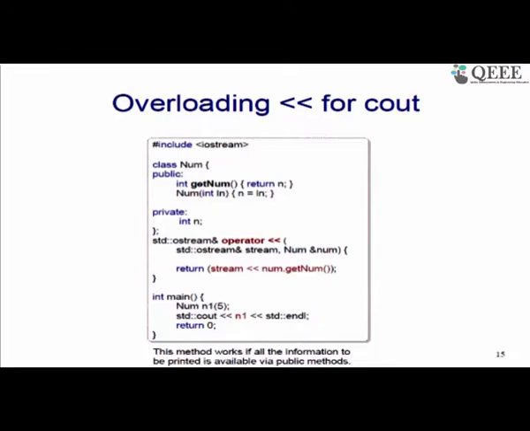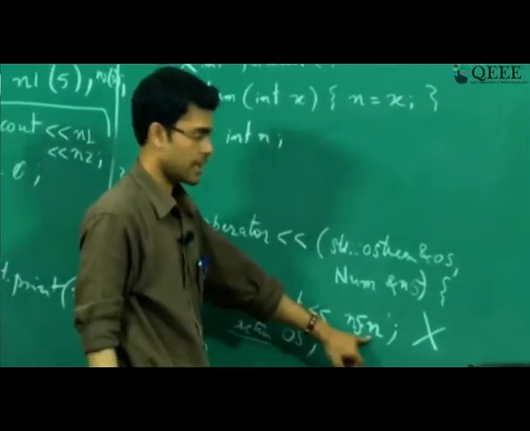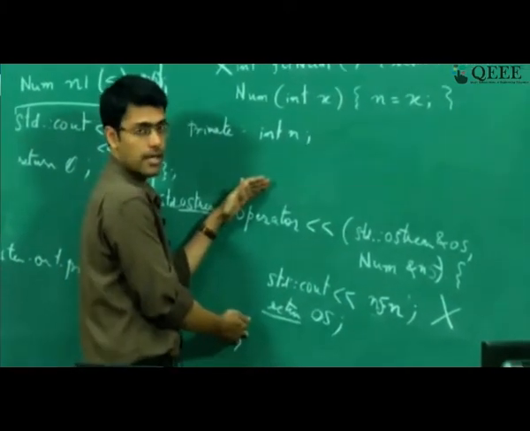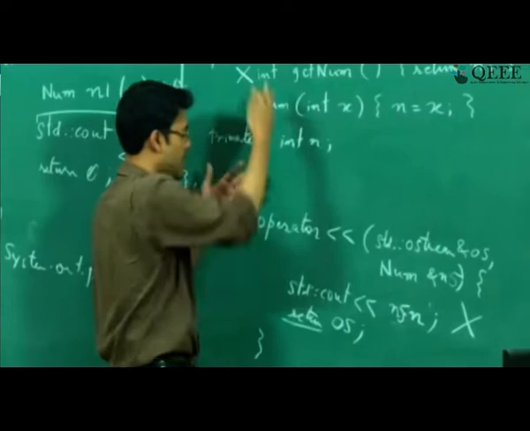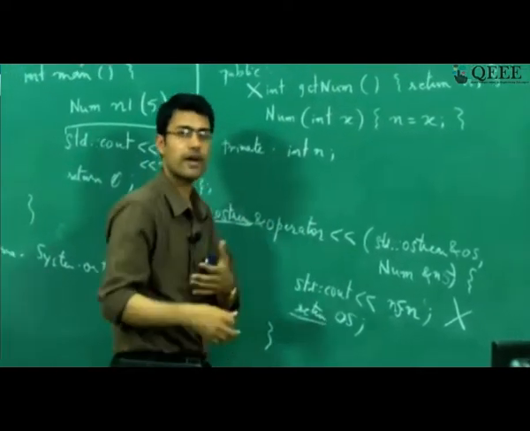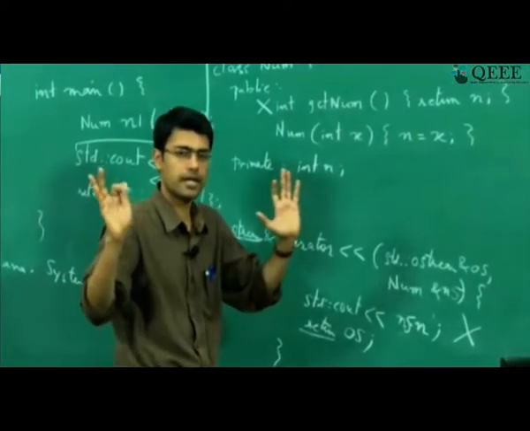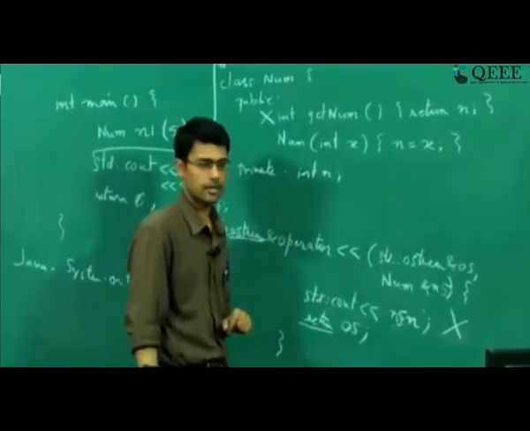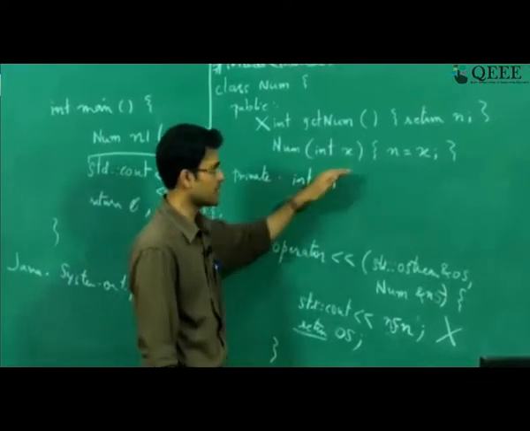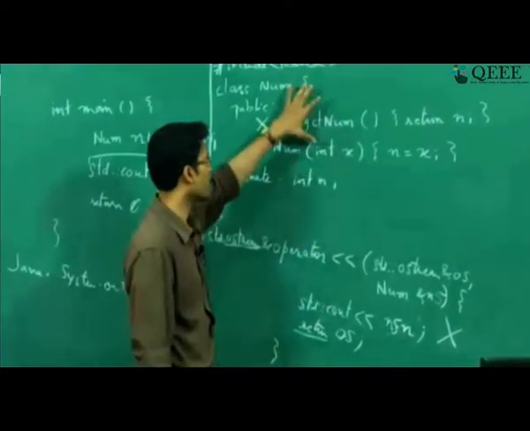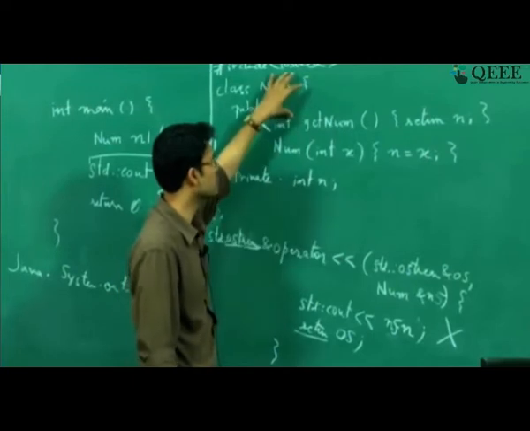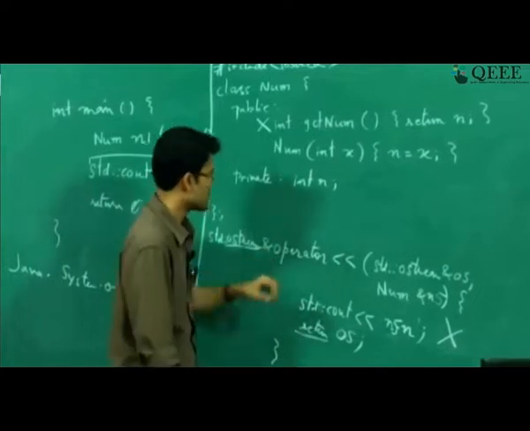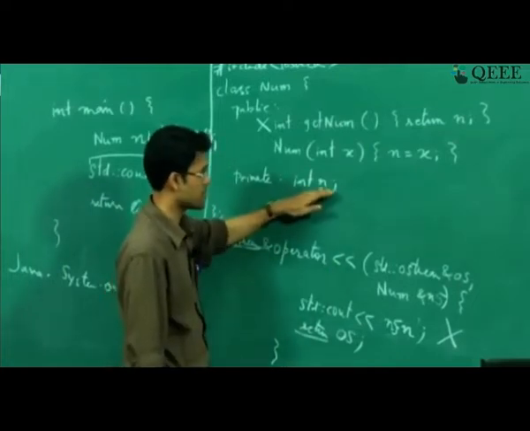When we say that n5.n is not accessible inside this operator, it essentially means that this particular class and this particular operator are not friends of each other. These are like arbitrarily distant people, let's say on a social network. However, if I can connect these two, then I can allow this operator to access the private variables of this type num. So essentially this operator wants to access this n.